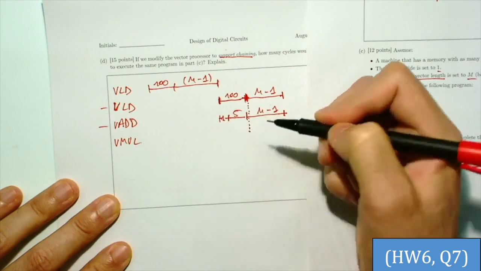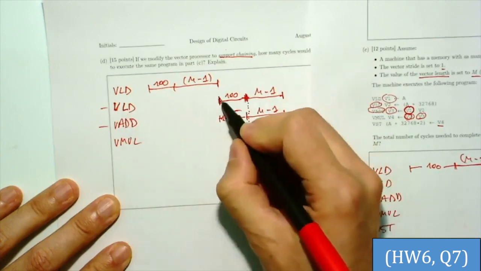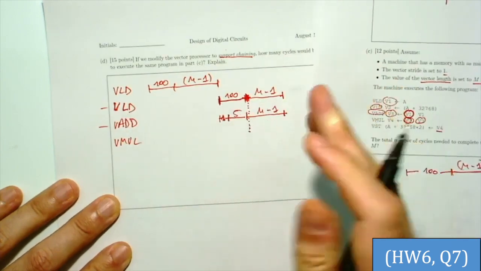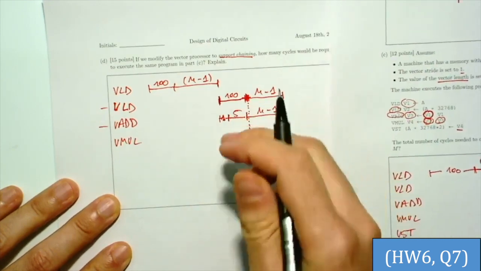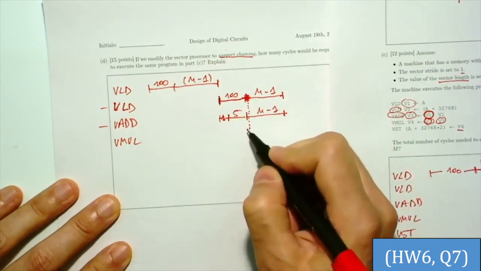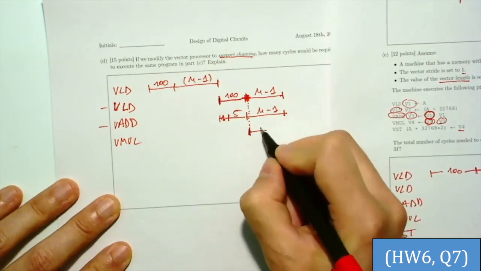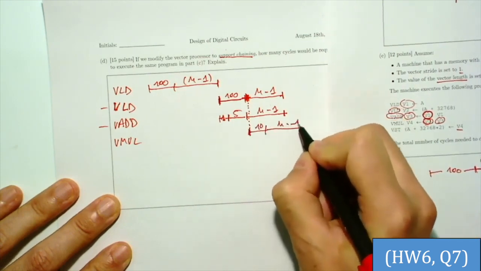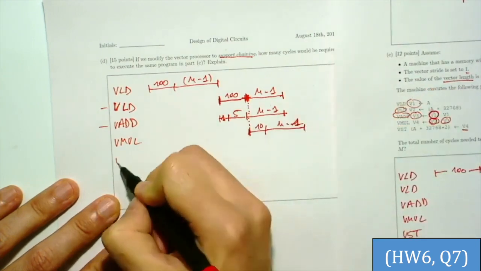This is at this point. When we load, we will have the first element of the load after 100 cycles here, so we will have this before. So at this point, we already have the first element of the vector available. So we can start the multiplication here because now we have chaining. That is 10 cycles plus n minus 1.